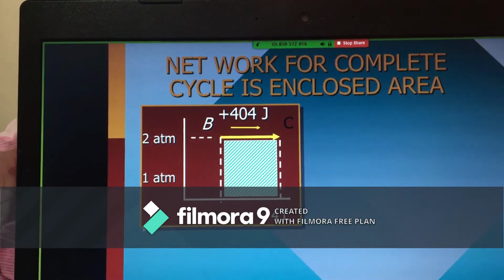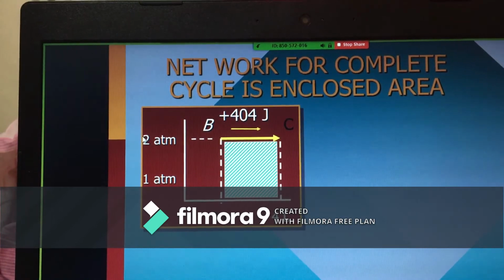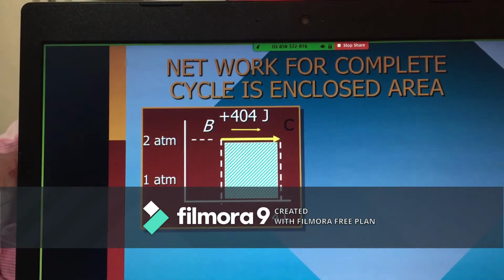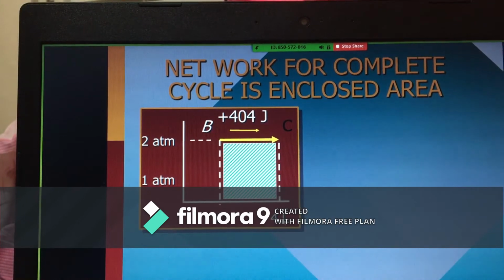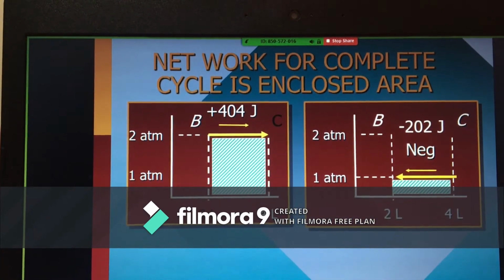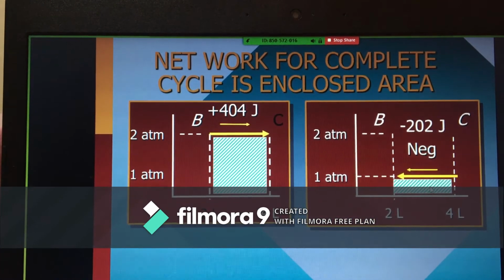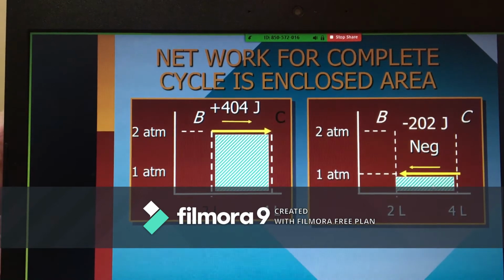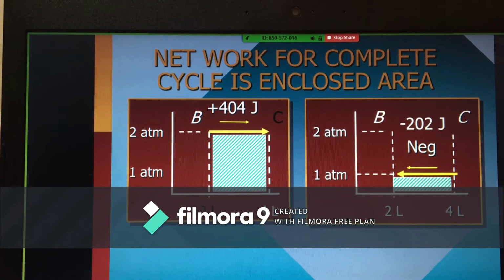The volume goes from 2 liters to 4 liters. We need to calculate the net work of what we discussed last session.